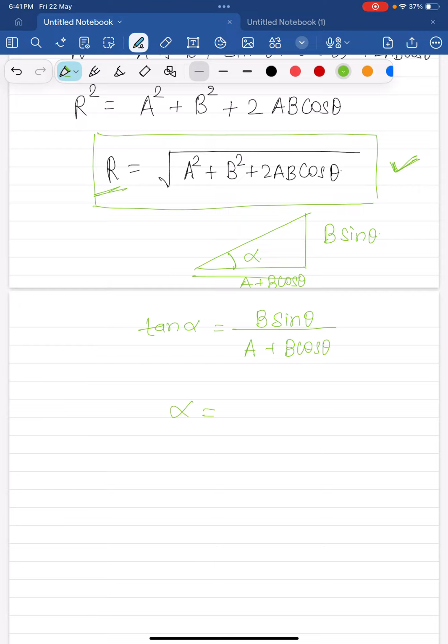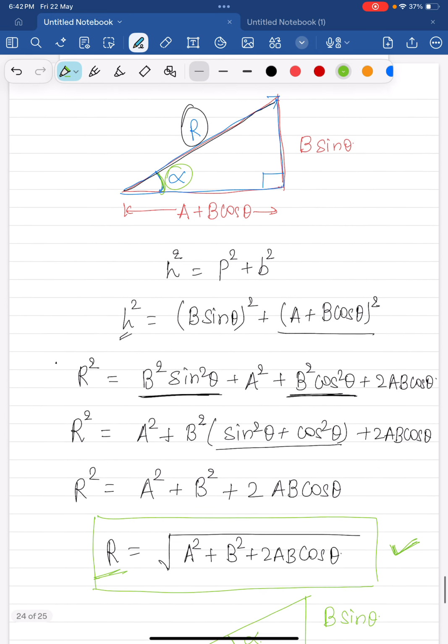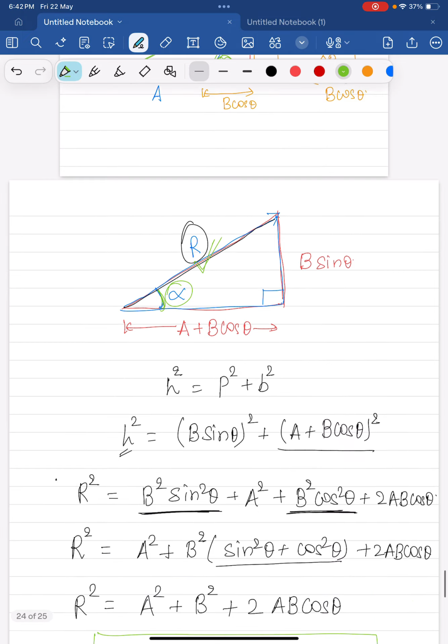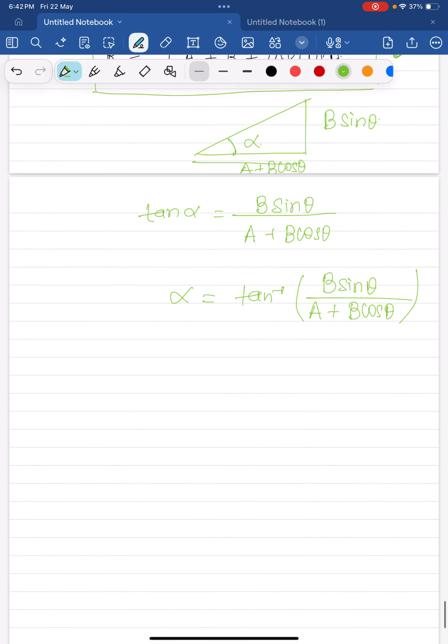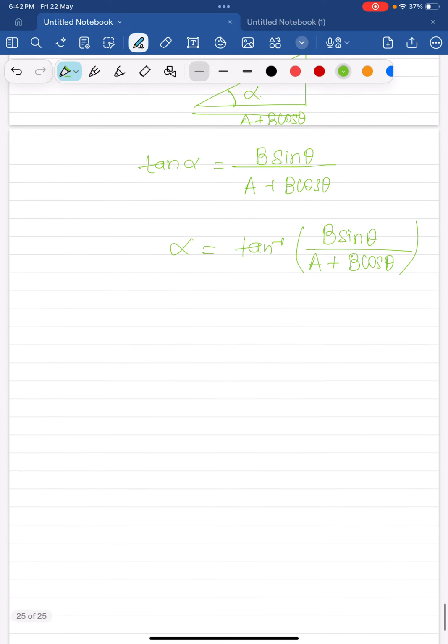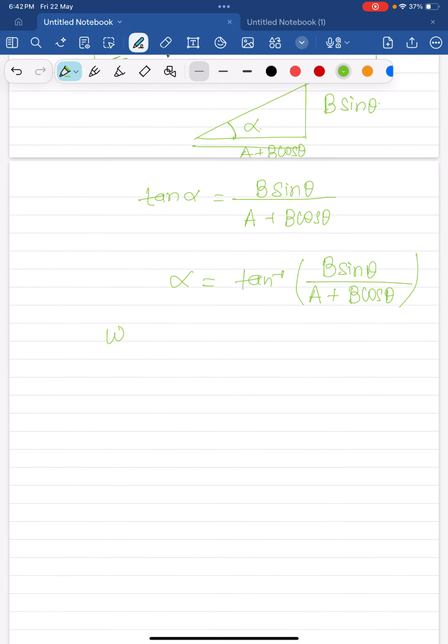So alpha will be equal to tan inverse of b sin theta divided by a plus b cos theta, where alpha is the direction of the resultant vector and alpha is the angle made by the resultant vector with vector a. So we can say the resultant vector is making an angle alpha with vector a in anti-clockwise direction.